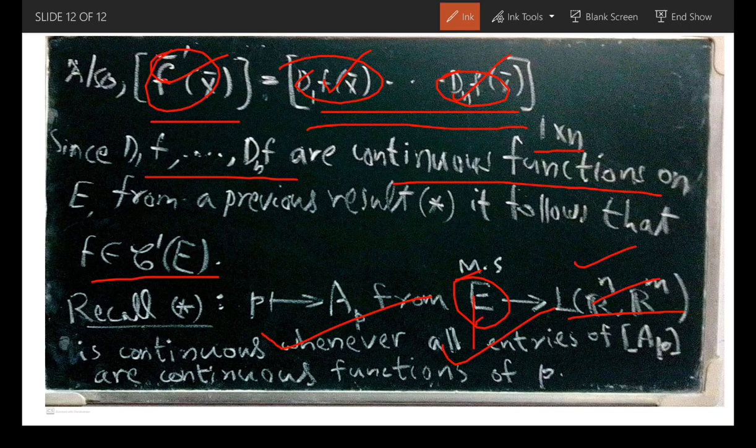Here P is a point in E. Correspondingly, for each P in E, I will get a linear transformation from Rn to Rm denoted by AP. So I have a mapping from E to L of Rn comma Rm written as P going to AP, and whenever I have Q close to P, AQ is also close to AP.